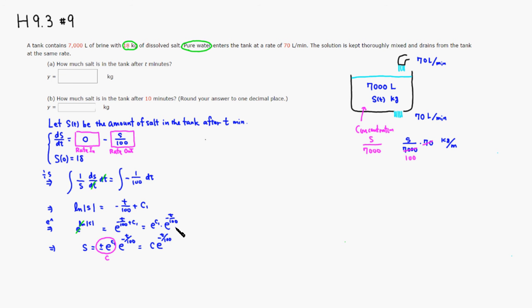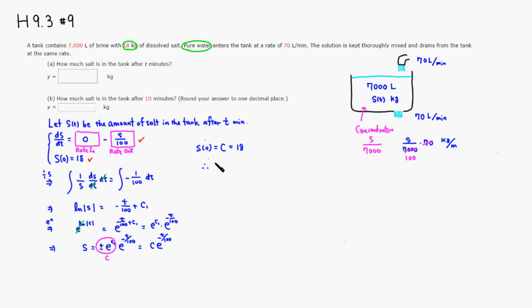All right, then we're going to use the initial value condition. So S of 0 is equal to C times e to the 0, and e to the 0 is actually 1. So you're just going to get C, and we have to make sure that this is equal to 18 kilograms.